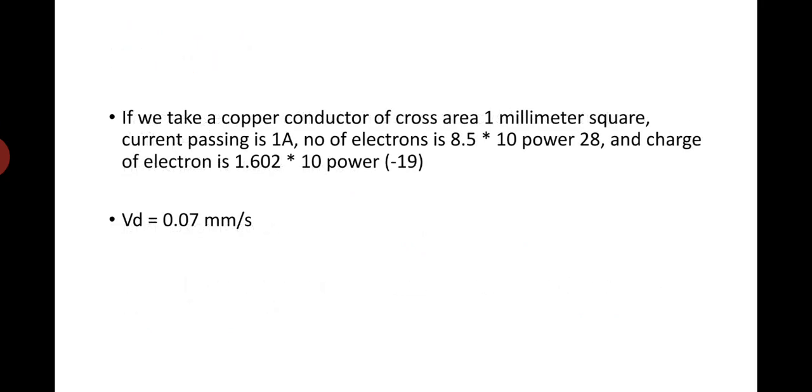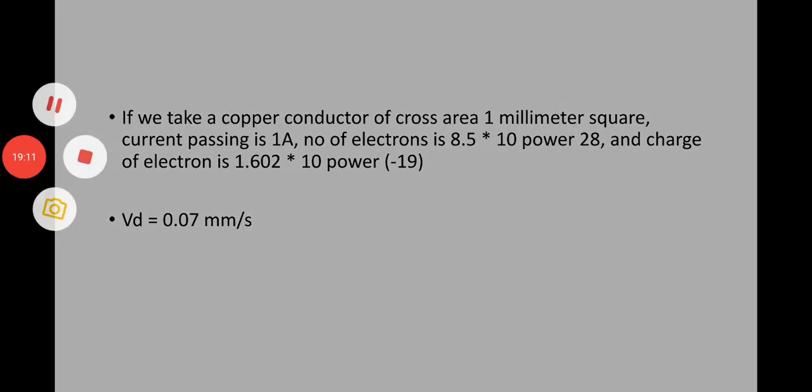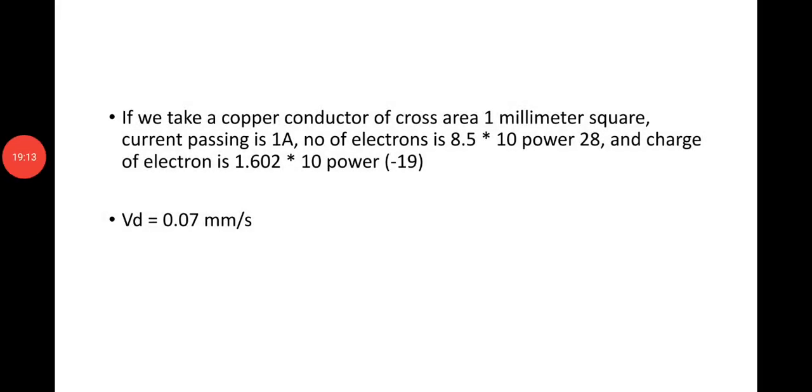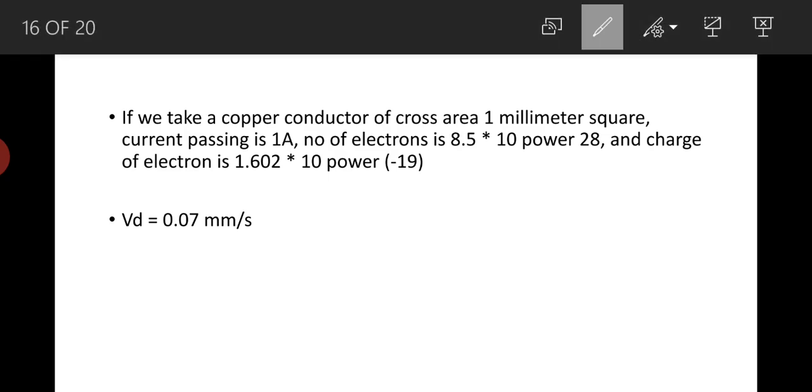Now if we take a copper conductor of 1 millimeter square and pass a current of 1 ampere, then the number of electrons moving in that copper conductor is experimentally found to be 8.5 × 10^28, and we know that the charge of the electron is 1.602 × 10^-19.